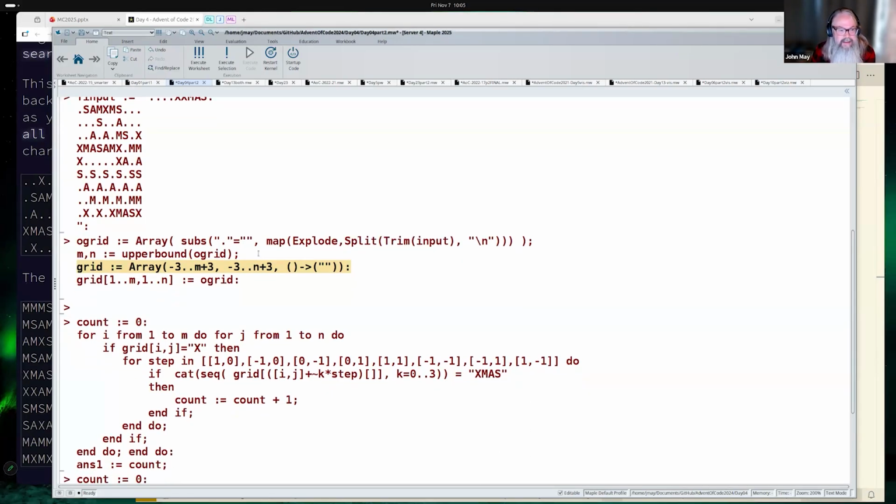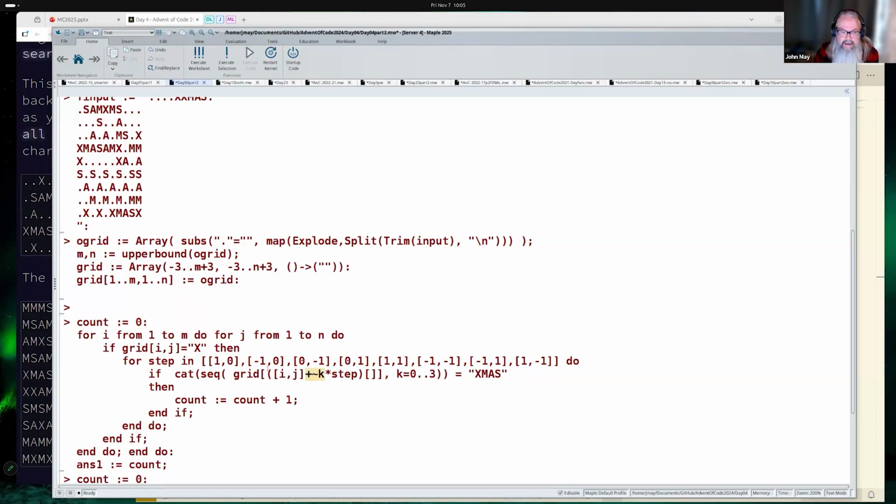So this is the most amazing feature of arrays, because you get these default cases. Here you can see if I'm at the edge, at 1 1, everything that's off the grid just shows up as blanks.